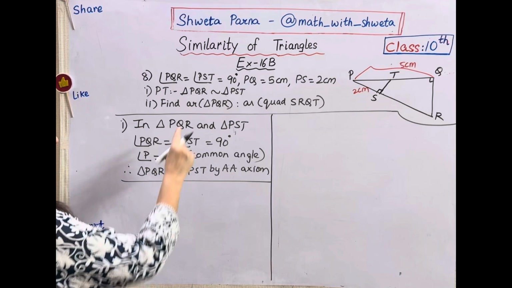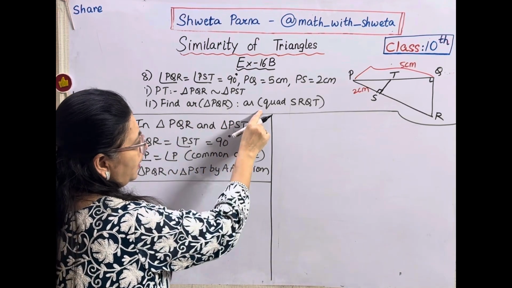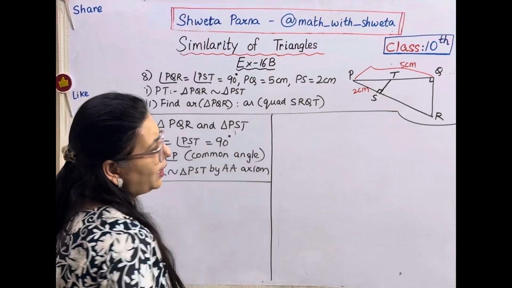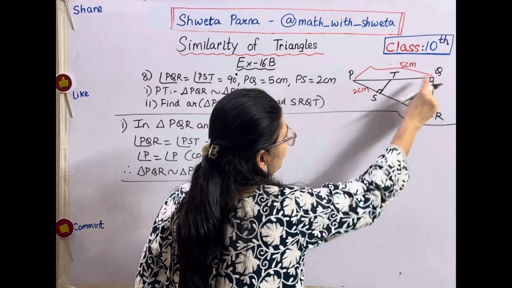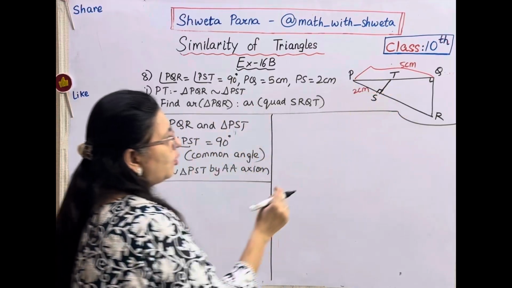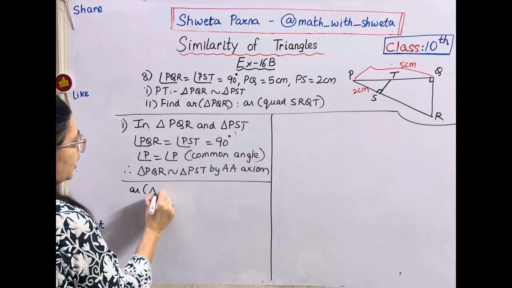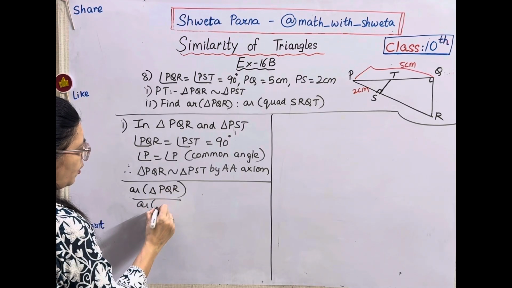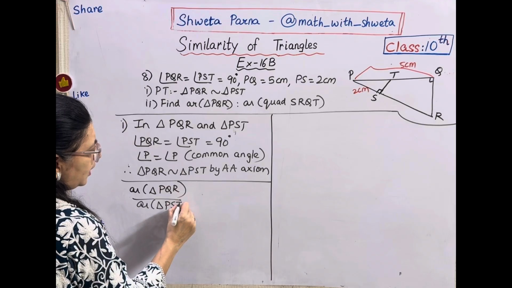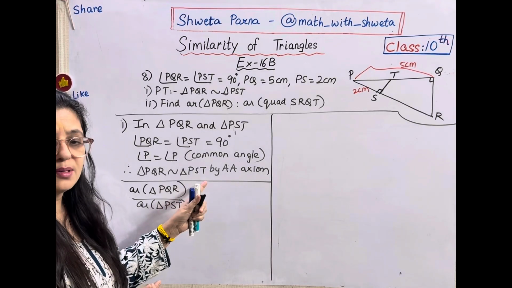Now, second one, find the ratio of area of triangle PQR to the area of quadrilateral SRQT. But for finding SRQT, I need this smaller triangle also. So, first using the theorem, area of triangle PQR upon area of triangle PST. We have proved it is similar triangles.